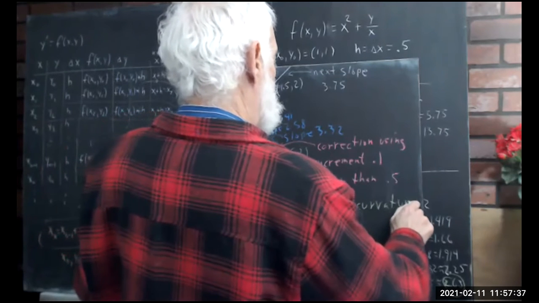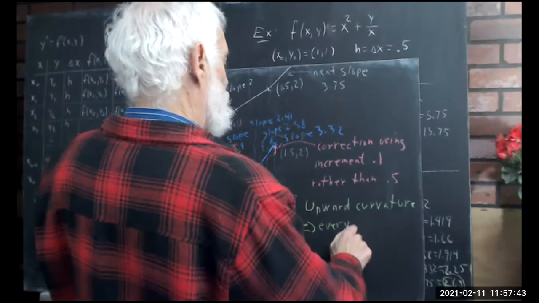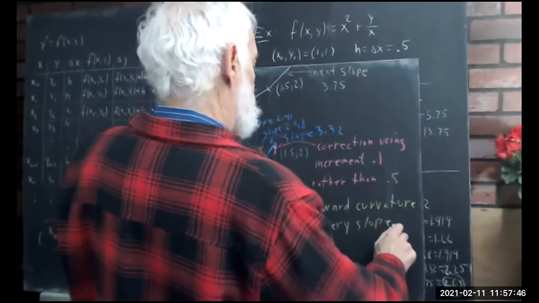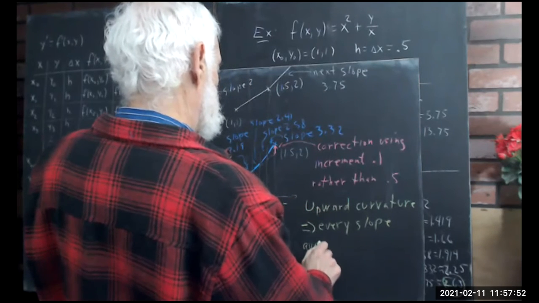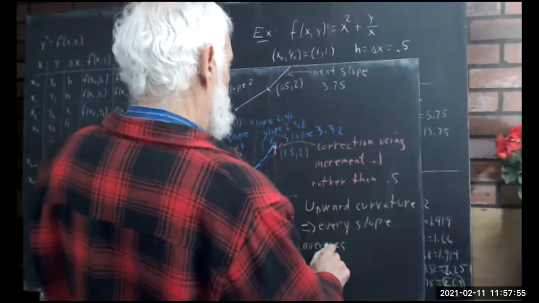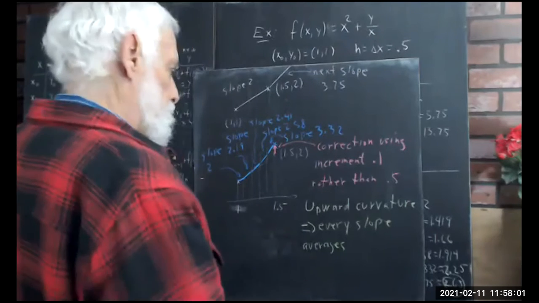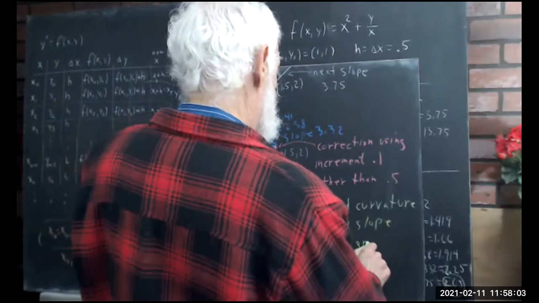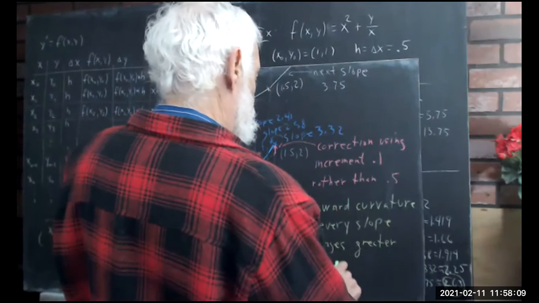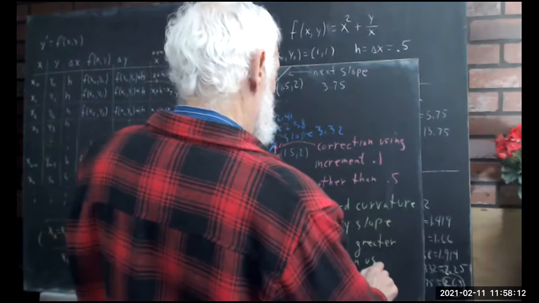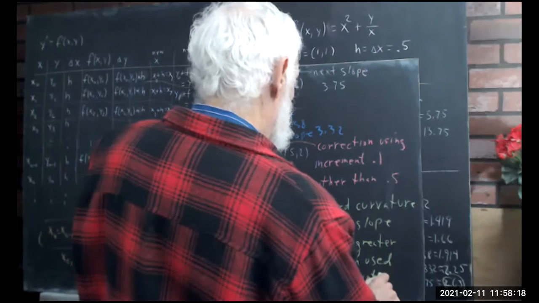the upward curvature implies that every slope averages a greater value than the value used on each interval.